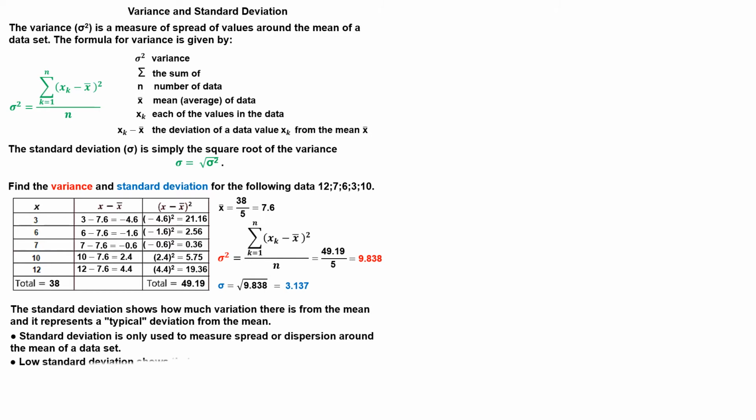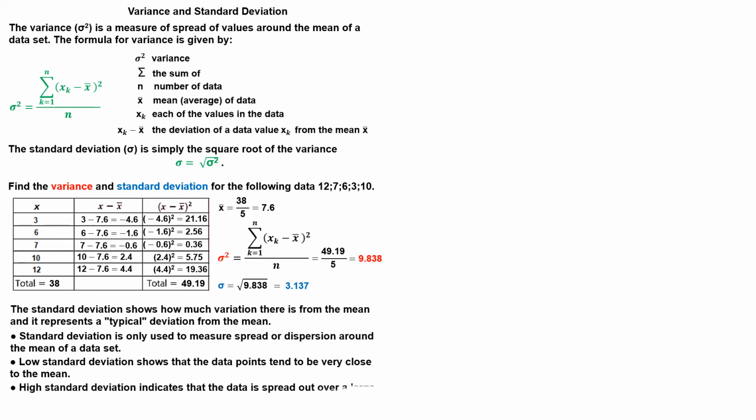Low standard deviation shows that the data points tend to be very close to the mean. High standard deviation indicates that the data is spread out over a large range of values.